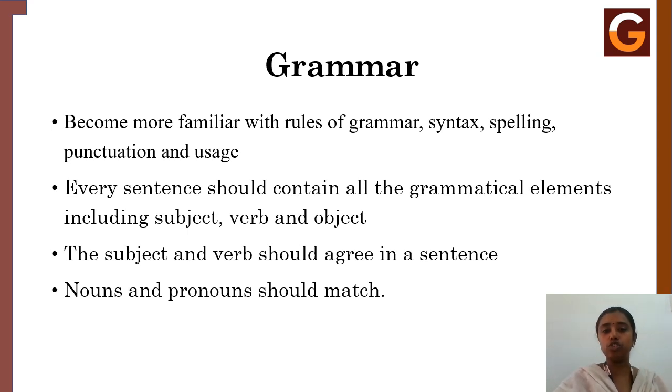So John likes to play. If the sentence is given as John like to play, the proofreader should be able to rectify that mistake by saying it should be John likes to play, where you should be confident of the subject verb agreement. And nouns and pronouns should match.